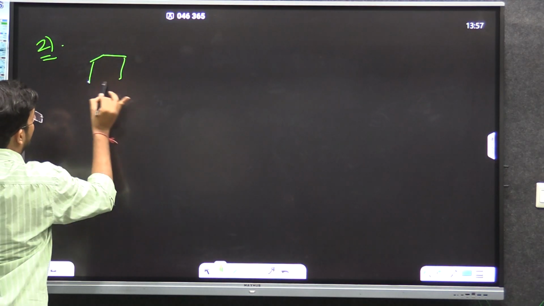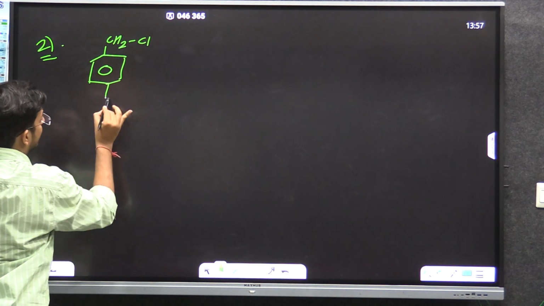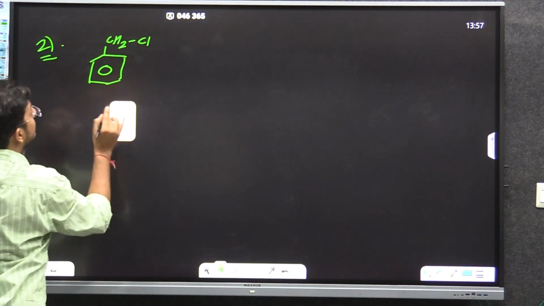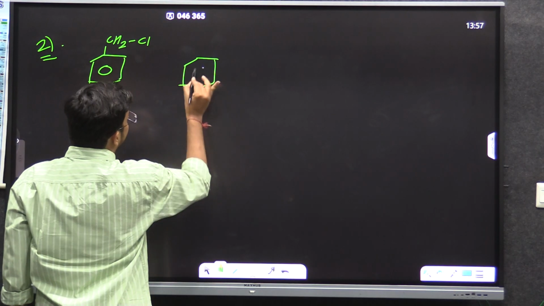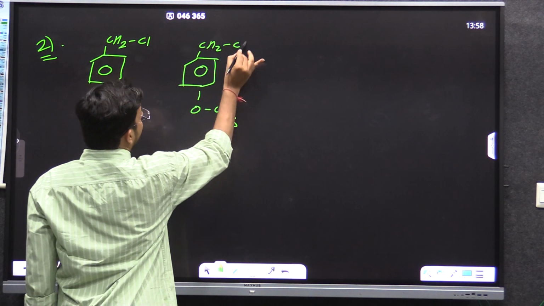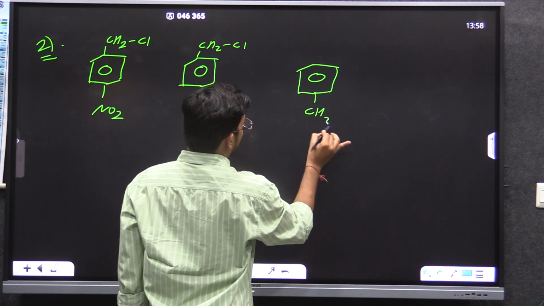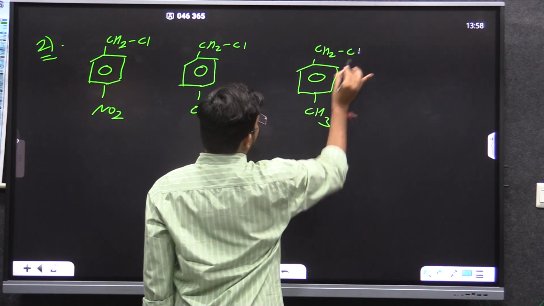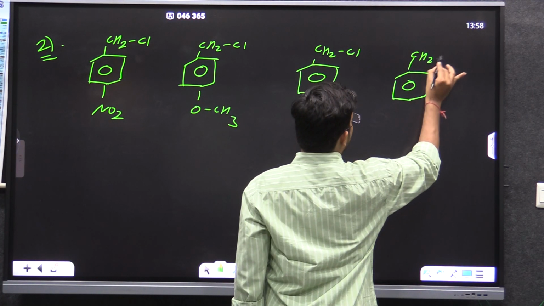Let's suppose we have another question. We have CH2Cl with NO2, with OCH3, with CH3, and with only CH2Cl.